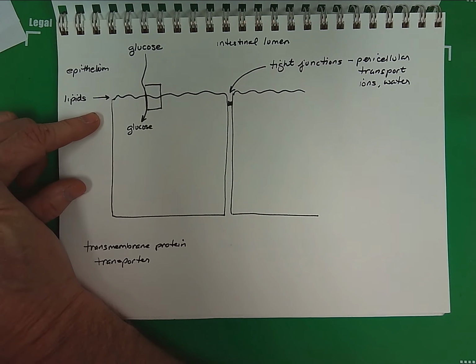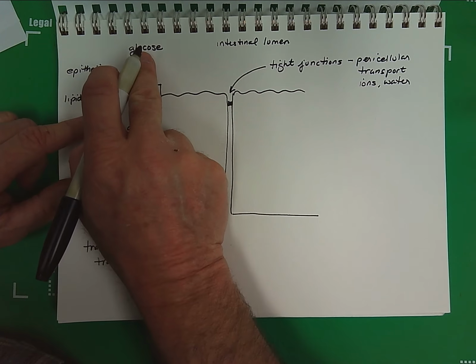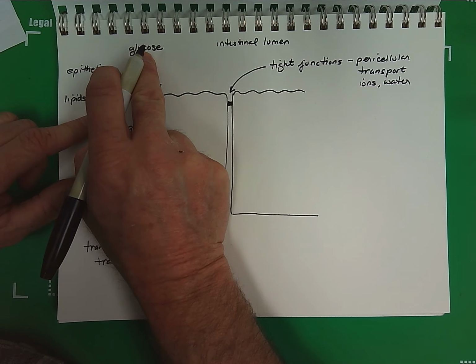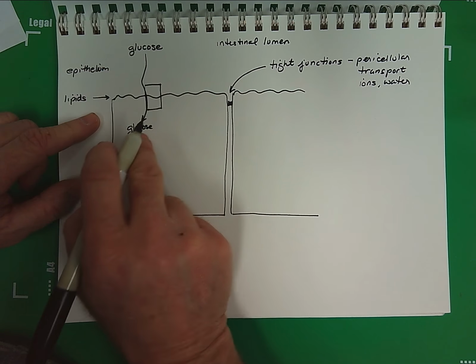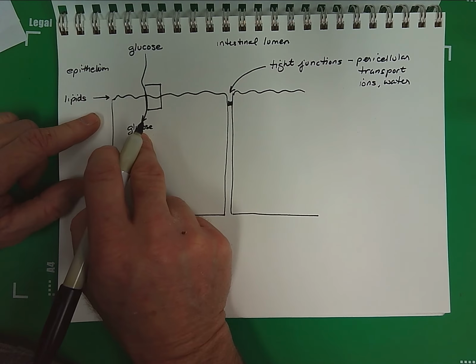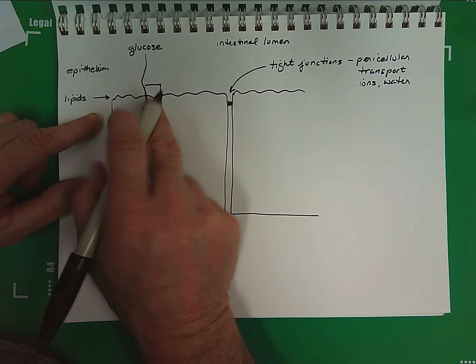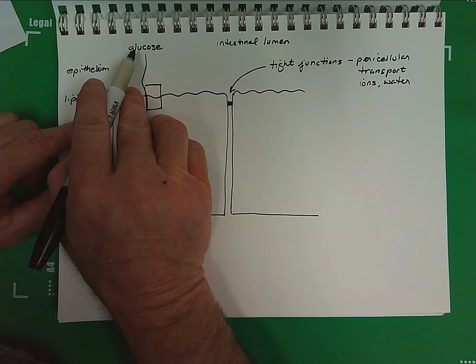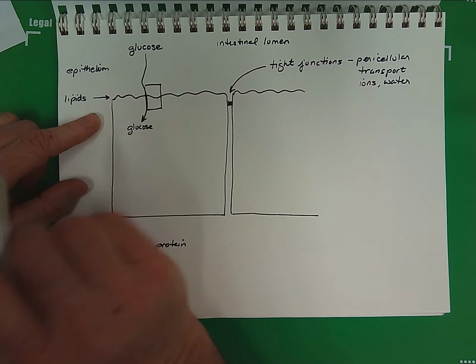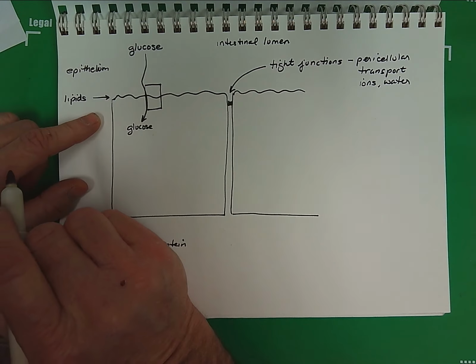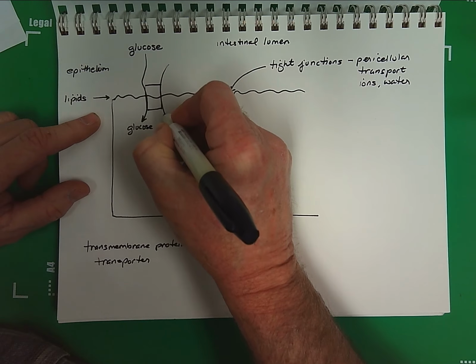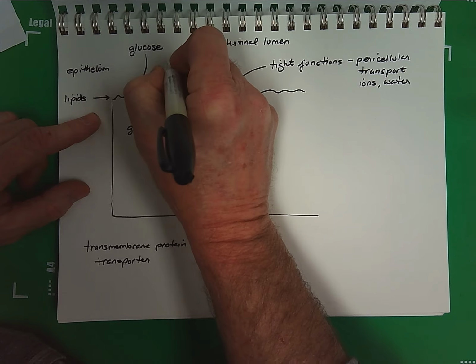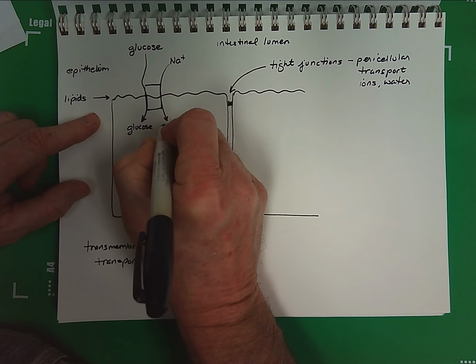Now this is a very, very important process because glucose is our primary carbohydrate energy source. So we want a process whereby we can make sure glucose is being transported in the cell. We're not going to just rely on simple diffusion or simple binding of glucose to the transporter. We are going to couple this with the co-transport of sodium ions.